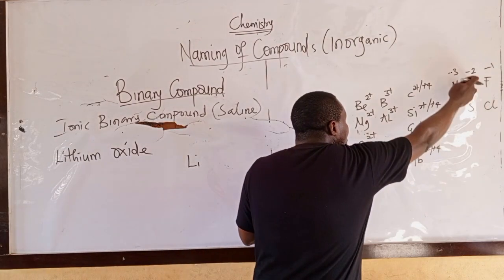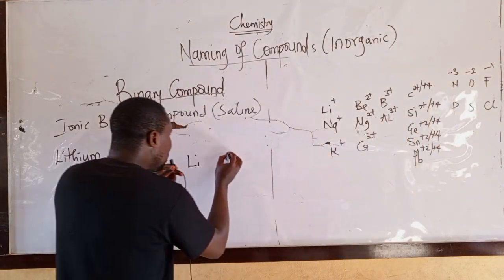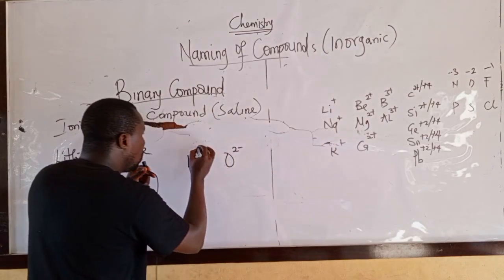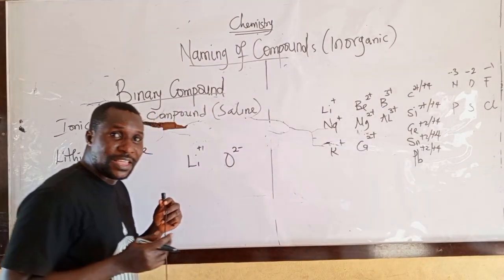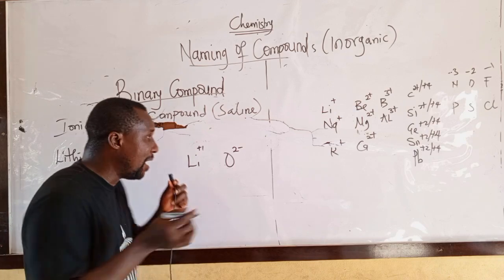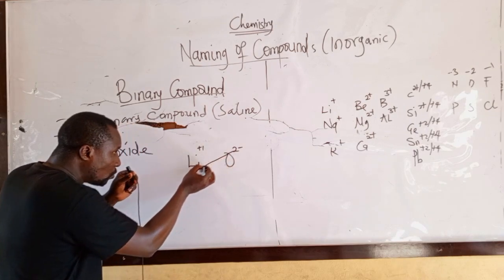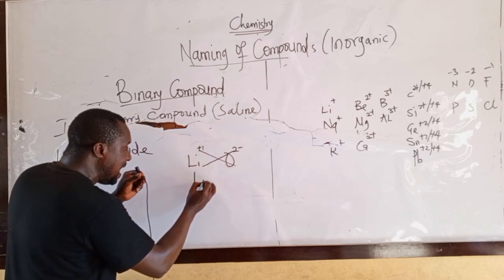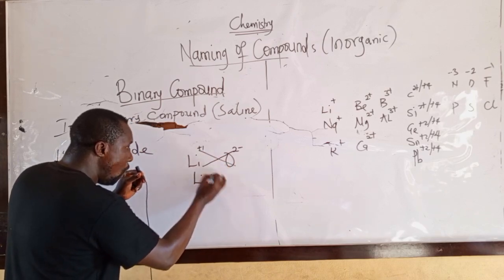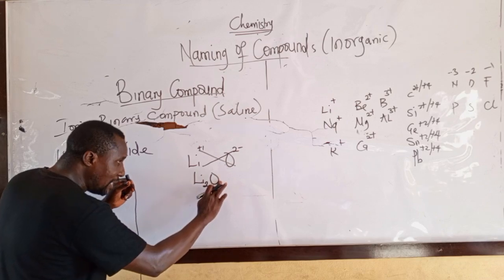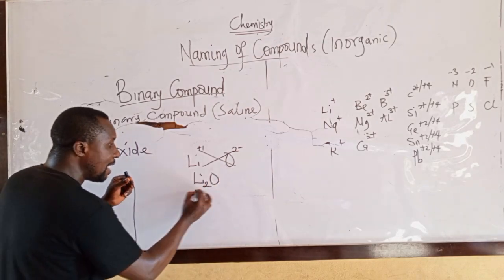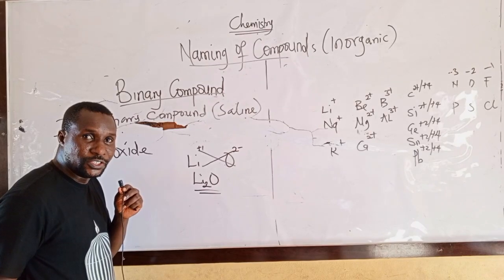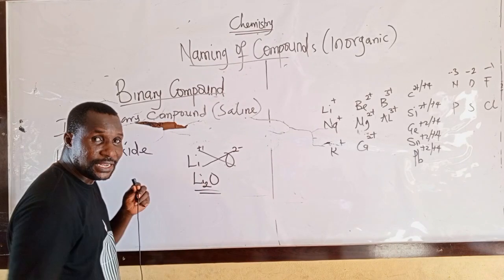Oxygen is group 6, oxidation number -2. Lithium, group 1, oxidation number +1. Don't forget, valency is combining power. The valency of this will come down to this place, and that one to that place. We have Li2, then O1. Since it is 1, there's no need to write it. This is the chemical formula for lithium oxide.